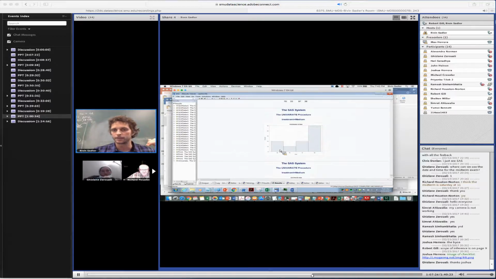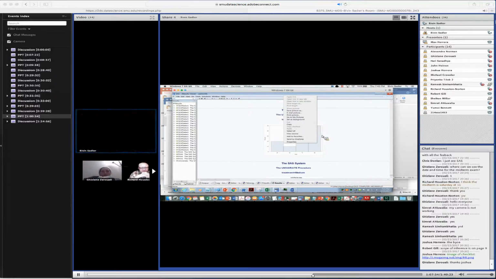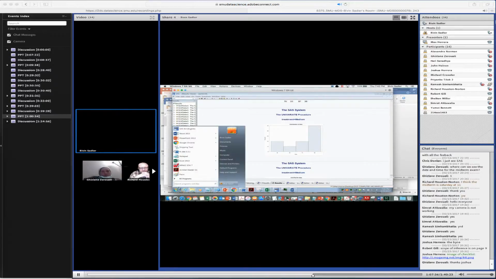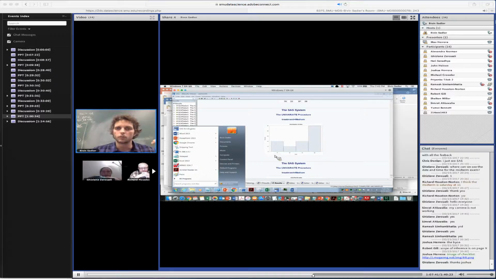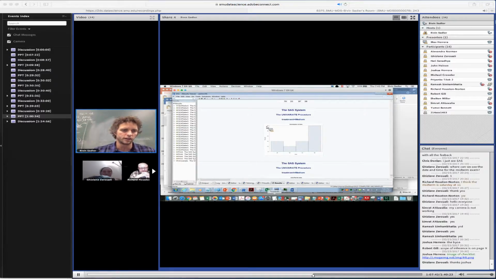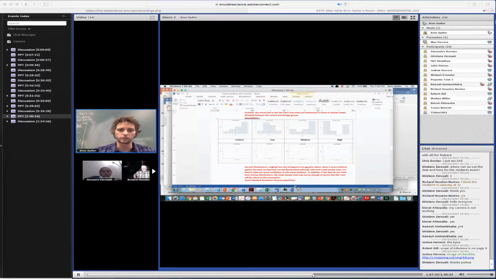You can right-click on these and save them, right? Save picture as, or you can copy it, I think. Maybe you can't copy it. What I do is I come over here and use this snipping tool. Very low tech, but I use the snipping tool, do a screenshot, and cut and paste that straight into my report.